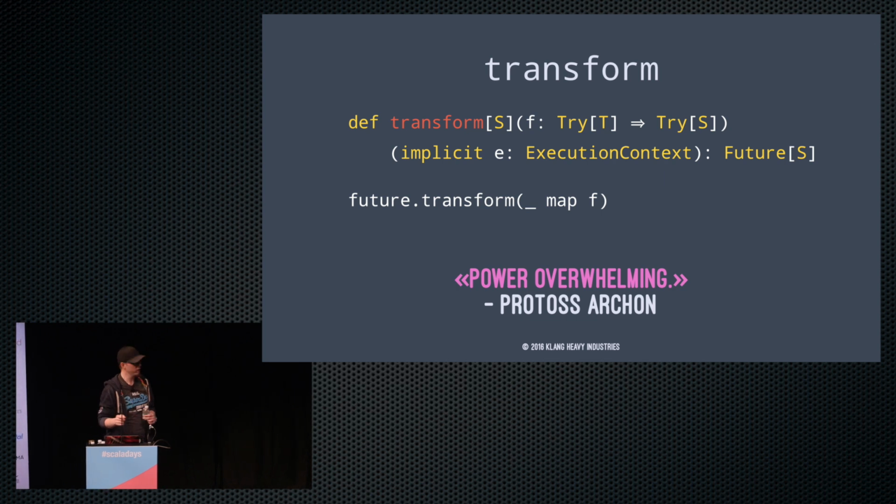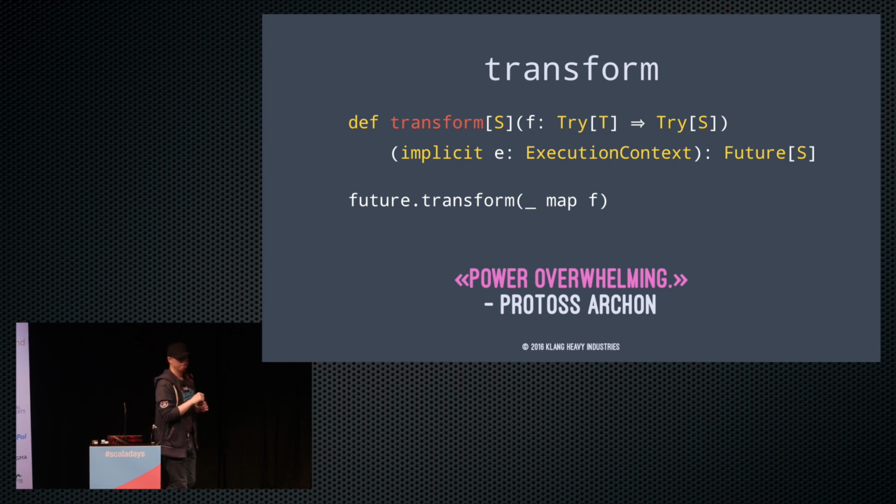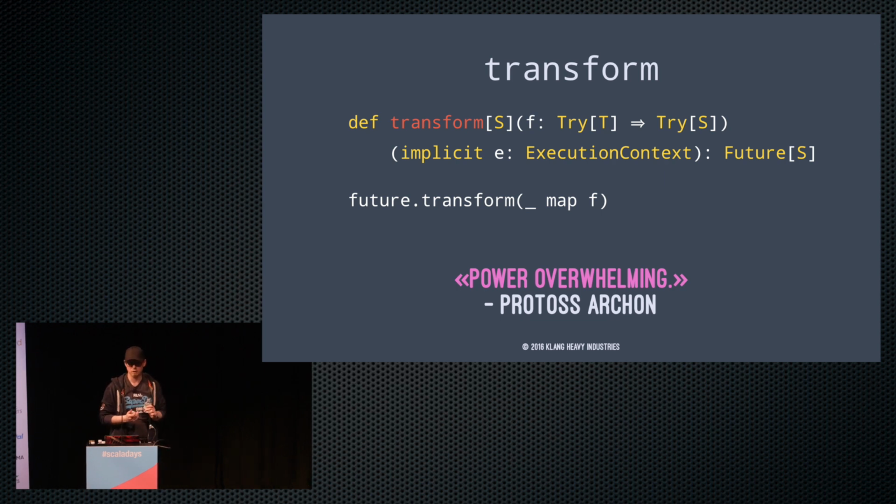So what is the thing below the definition? It's code, right? That's map. Yeah, that's map. Transform the Try by mapping it using a future. So Try has a map function. So this is the definition of the map operation on Future.